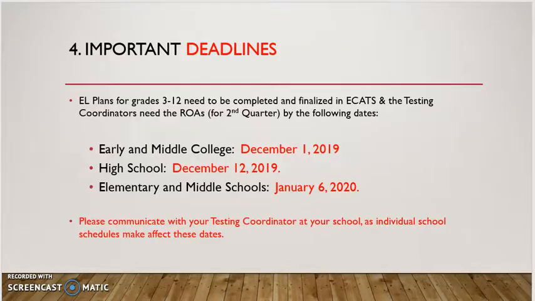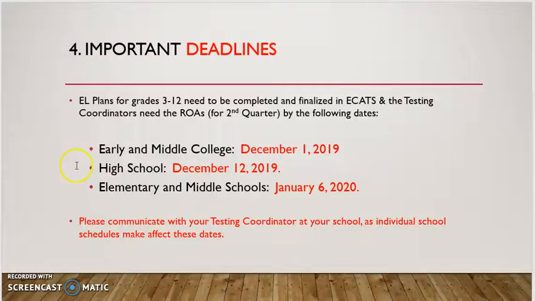Okay. So deadlines, these are very important deadlines. We're talking about the EL plans that you're creating in ECATS for grades 3 through 12, and when the ROAs are due to the testing coordinators. For early and middle college, where you have a very small population of EL students, and I will be working with you specifically to help you through this process, that deadline is December 1st.